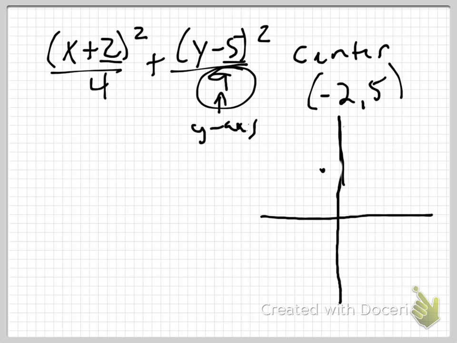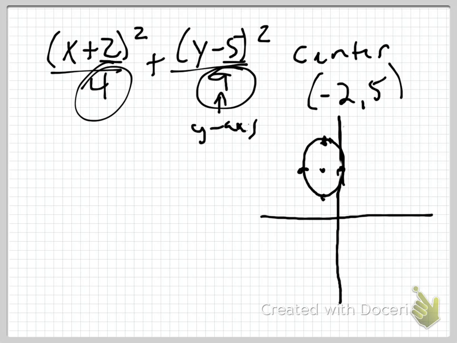So 1, 2, 3, and 1, 2, 3. Okay. And now I need to go over 2 spaces for this, so it's going to be right here on the axis, kind of, and then to that direction. Okay, so there is my ellipse to it.